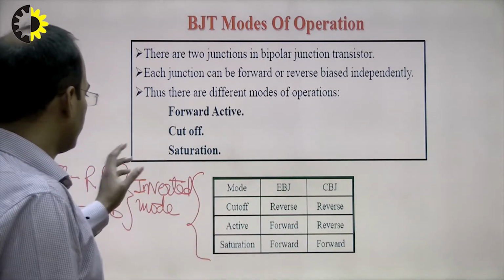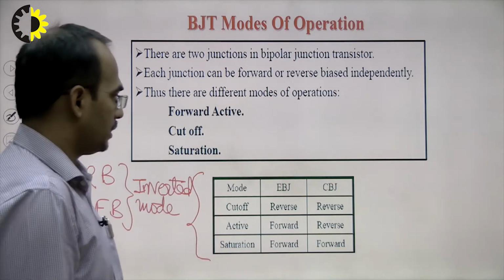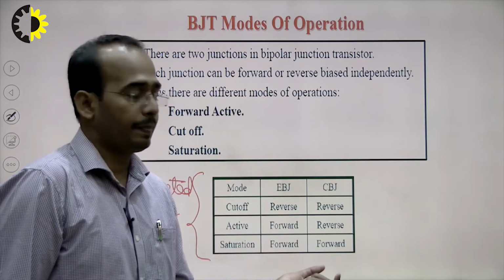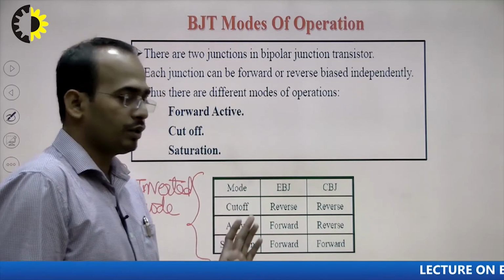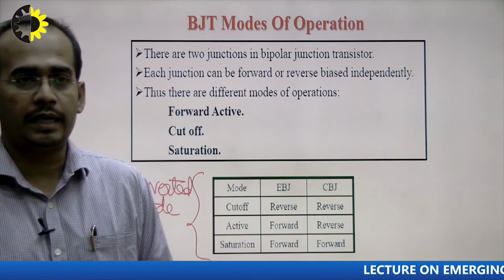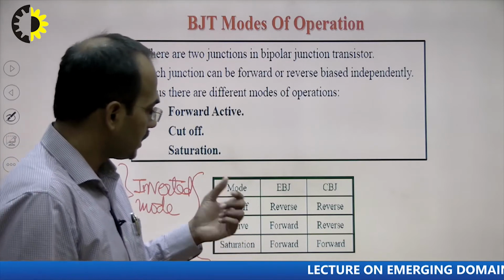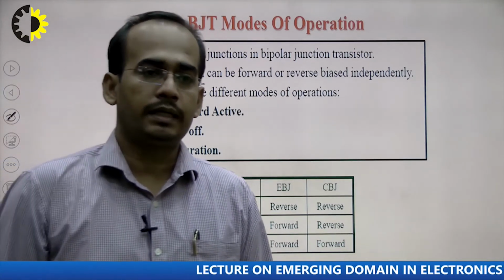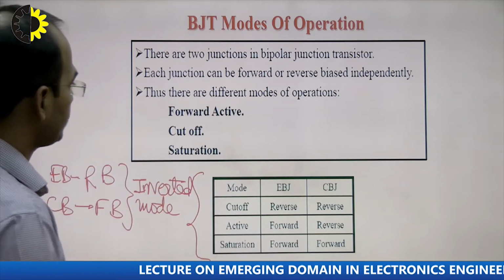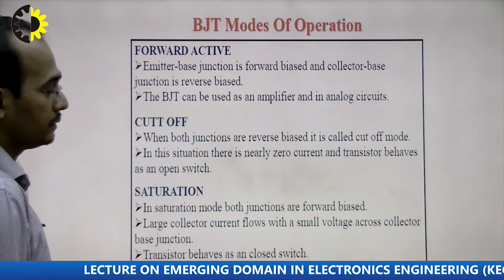When the transistor is operating in cutoff and saturation mode, it can act as a switch, and when the transistor is operating in active mode, it will act as an amplifier.